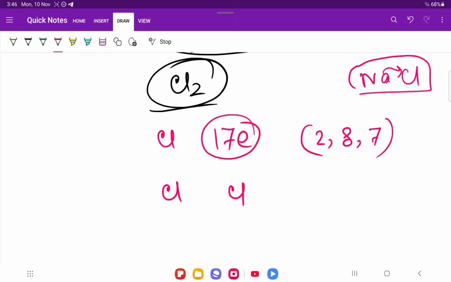So what they did is that basically they will share their 1 electron. If you see this chlorine atom, 1 2 3 4 5 6 and 7. In this case also 1 2 3 4 5 6 and 7. Now what will happen, they will share their electron this way.